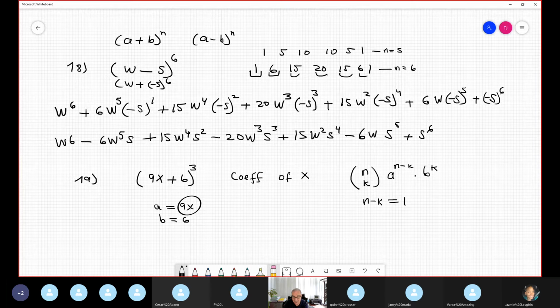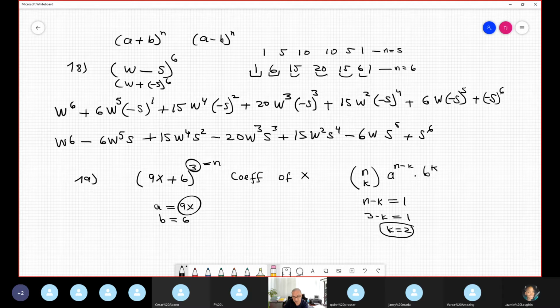Because in our specific example, n is 3, the exponent. The 3 minus k is 1. Okay, 2. In the third position, because remember, the first position in the organization for the Newton is 0, 1 is the second, and the third is 2.